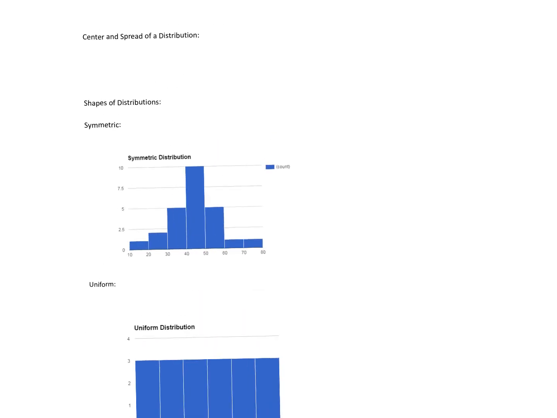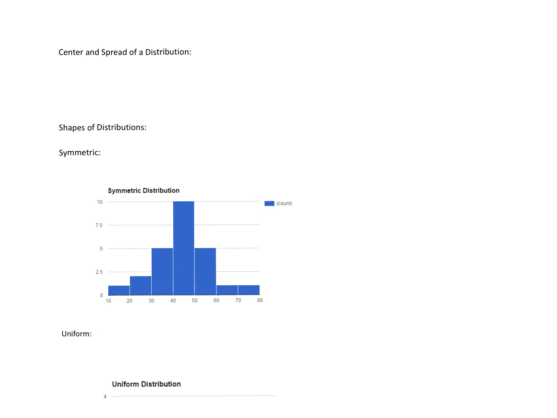The other thing we'll talk a lot about is the center and the spread and the shape of a distribution. Now, the center and spread are pretty hard to do with a graph, but it's something we want to do informally before we start doing it formally. So the center of a distribution is obviously going to kind of be the middle of the data, right? Something that we might kind of consider an average. And the spread is just going to be how far apart are the data.